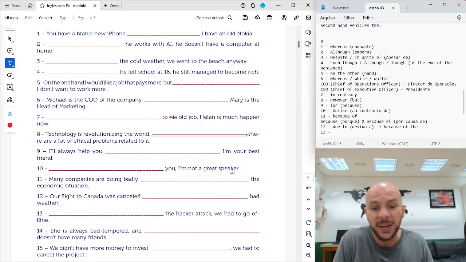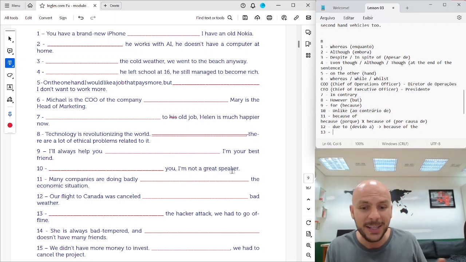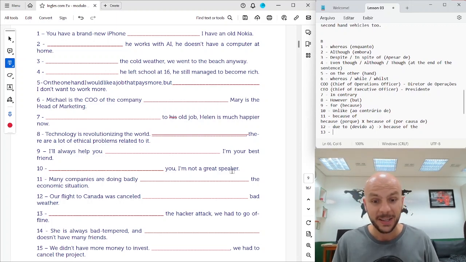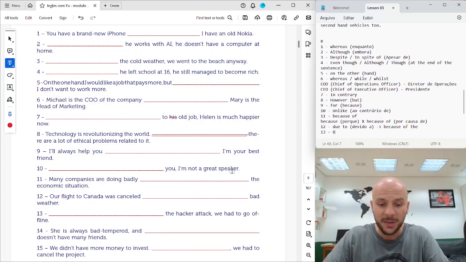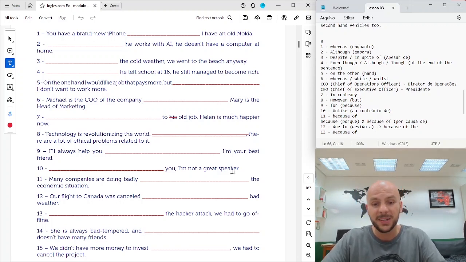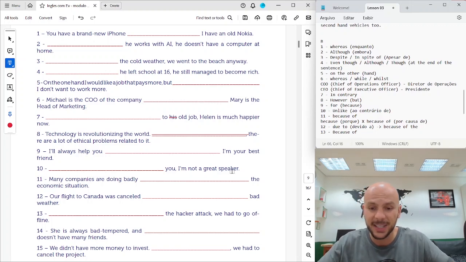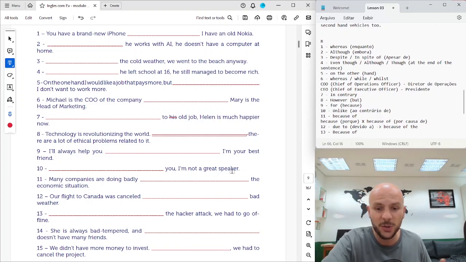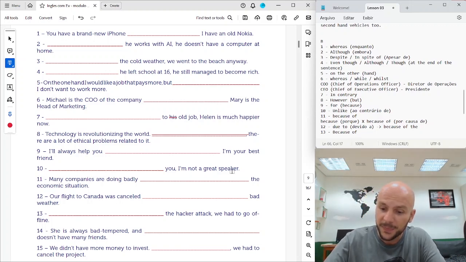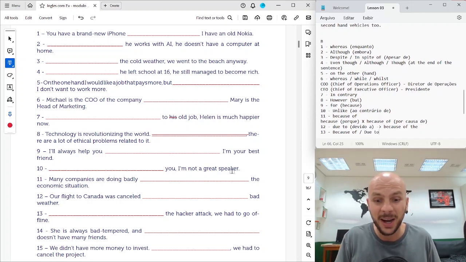13. The hacker attack, we had to go offline. So, because of the hacker attack, we had to go offline. Or due to, devido a, due to the hacker attack, we had to go offline.